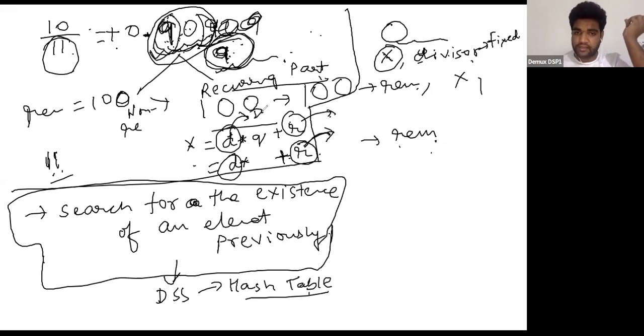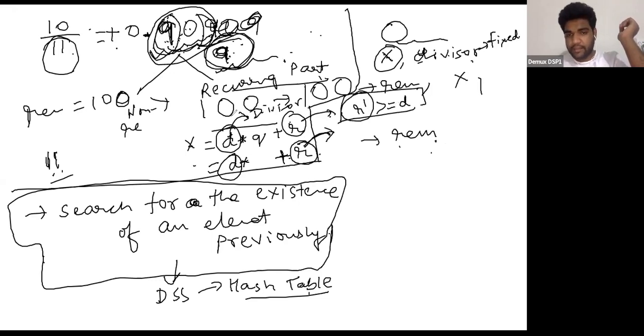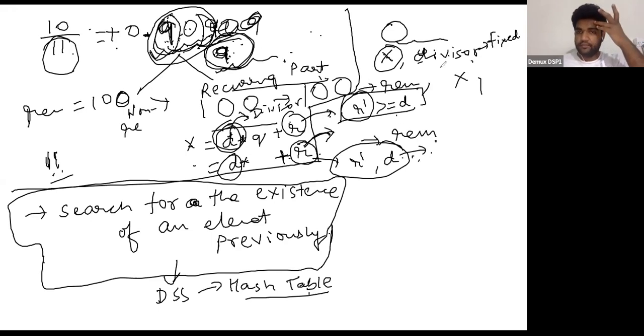Your dividend is basically R or R into 10 or R into 100, whatever. You keep multiplying it by 10 till you get an R prime which is greater than or equal to D. Once you get that, then that R prime and that D are your dividend and divisor. Here also you will get the same R prime and D. So the sequence of outcomes after this point will be the same for both cases because your dividend and divisor are the same. So that's the part that we are looking at. We are not looking at a specific digit, right? This point is clear to everyone?